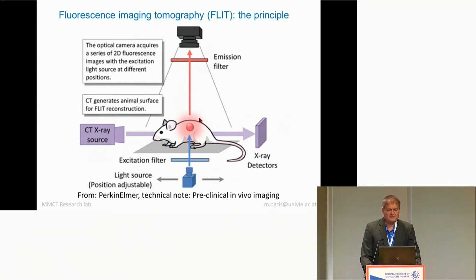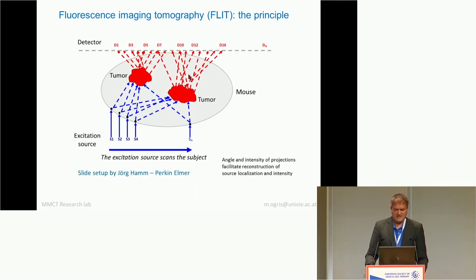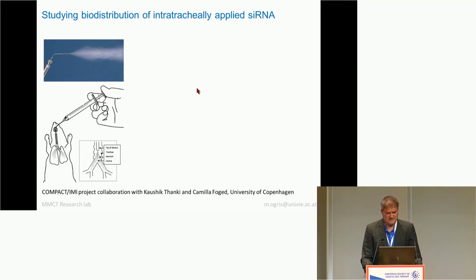And then you collect the fluorescence light which is transmitted through the animal. But how can you do a three-dimensional image? This happens in a way that you have the mouse on a kind of grid plate, and you take a picture every time the light source moves to another position. With the help of a CT or of a laser, you construct a virtual surface of the mouse, and then you can calculate how deep your signal is.